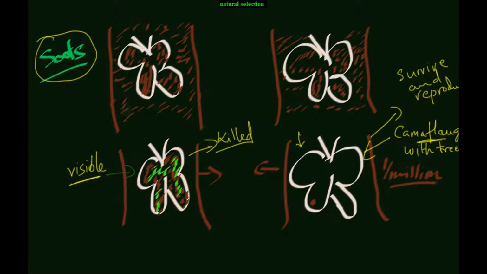Such colorful shades make it visible to the predators. Natural selection says that nature helps the animal to survive and reproduce. So this animal is selected naturally. As a result, this animal will survive in that dark environment and this animal will die.